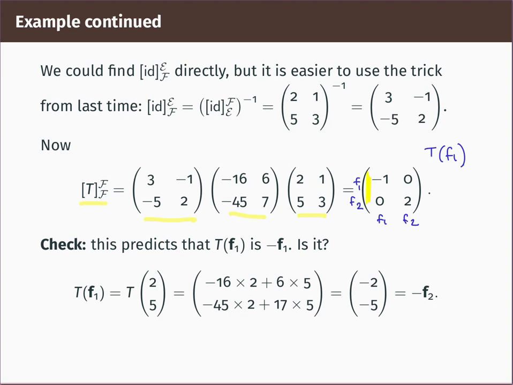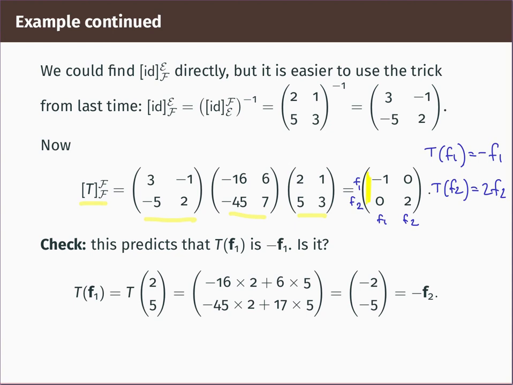So what it's saying is that T of F1 is actually equal to minus F1. And the second column is telling you that T of F2 is equal to 0 F1 plus 2 F2. So we could check whether our calculation is correct by verifying whether or not T of F1 was equal to minus F1. That will give us a check.